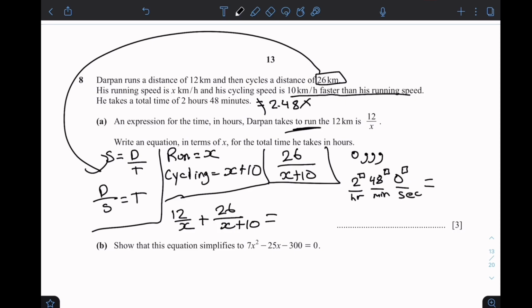Then you convert that to decimal, which is 2.8. Sorry about that. Yeah, 2.8 is the answer. So if you add these two times, it should equal 2.8, and that's how you get the answer.